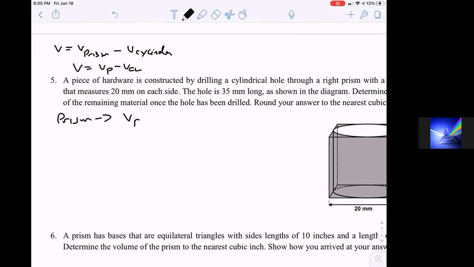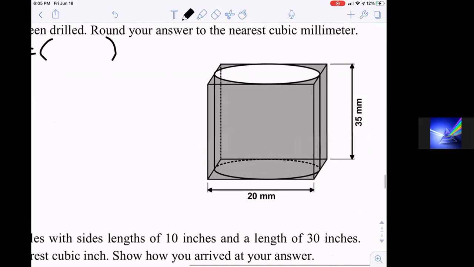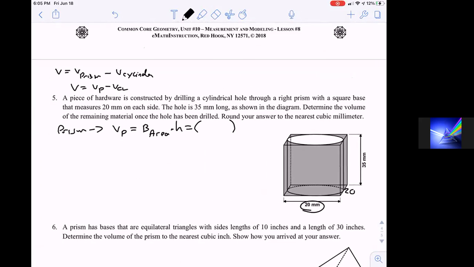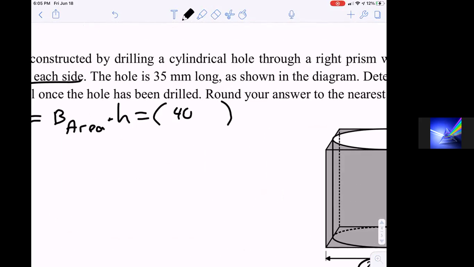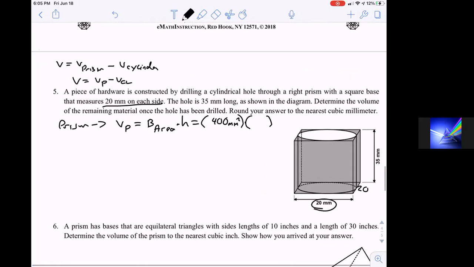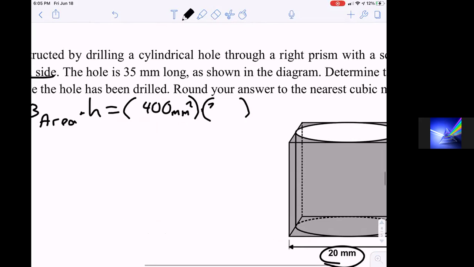The volume of the prism is going to be the base area times the height. Now the base area would be 20 times another 20 because we were told that it is 20 on each side. So that's going to be 400 square millimeters times the height of 35 millimeters.